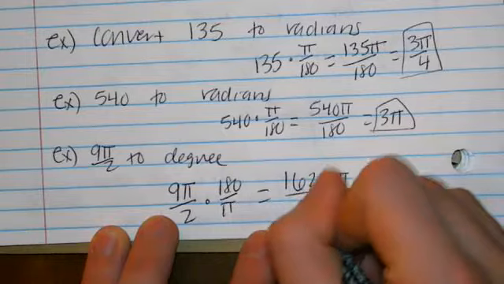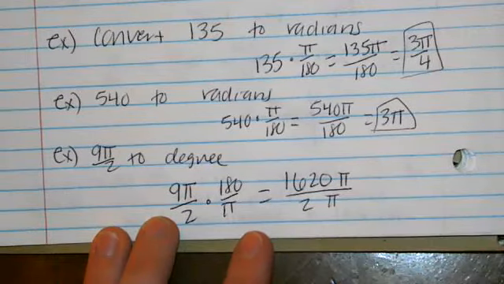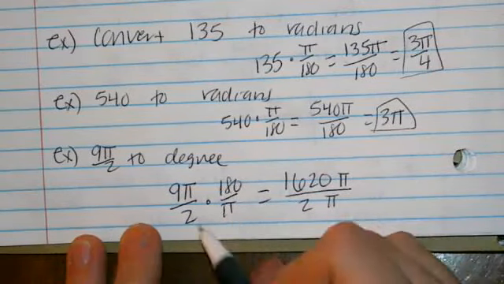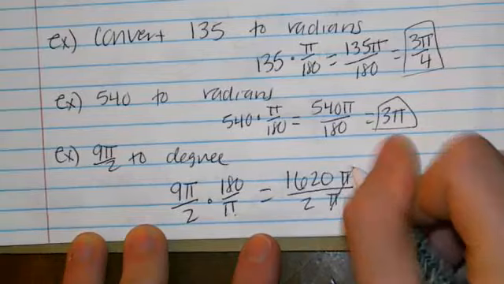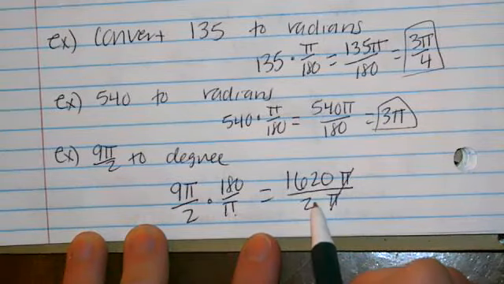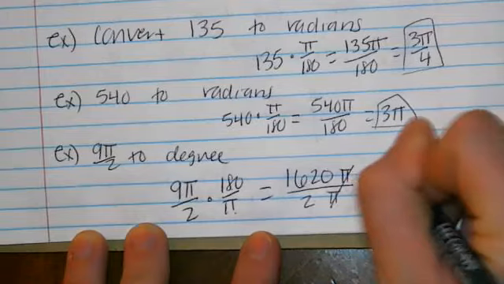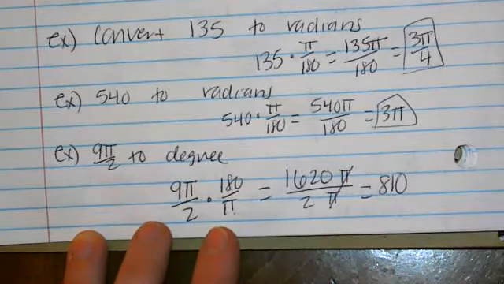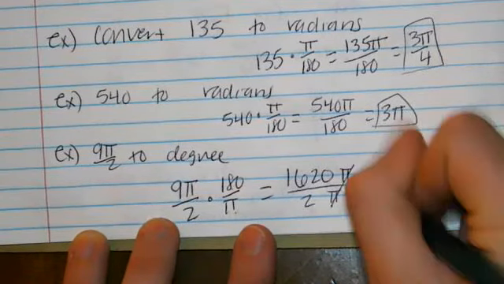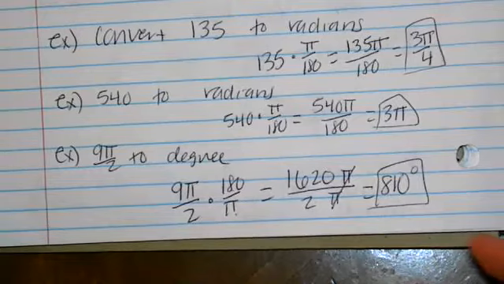And then 2 pi goes underneath, because 2 times pi. Pi's cancel. 1,620 divided by 2 is going to give us 810 degrees as our new degree conversion.